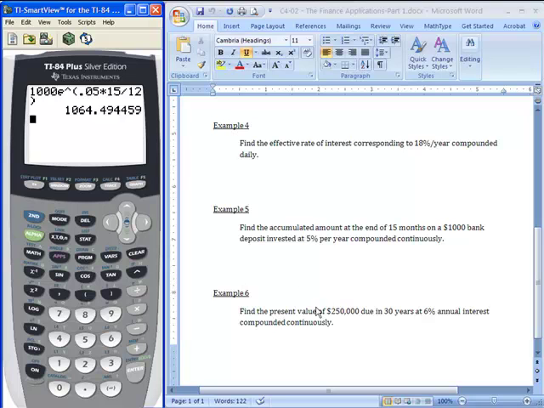All right. So to find present value with continuously compounded interest, we take the accumulated amount, in this case $250,000, and we're going to multiply that by E to the negative of the rate, which is 6%, or 0.06, times the time, which in this case is 30 years.